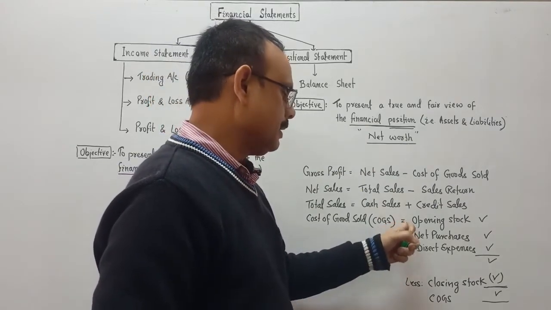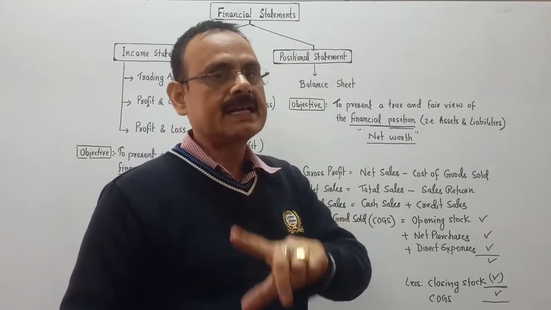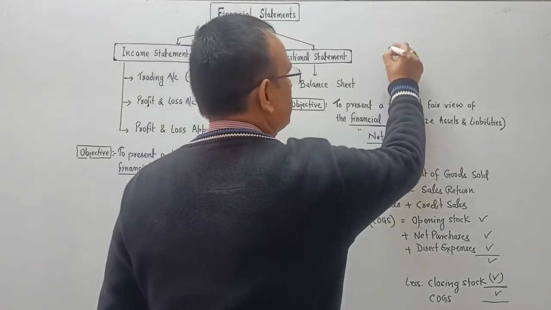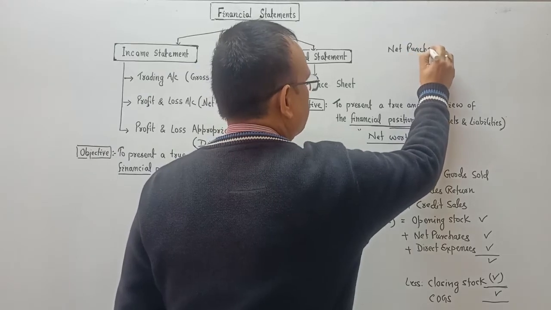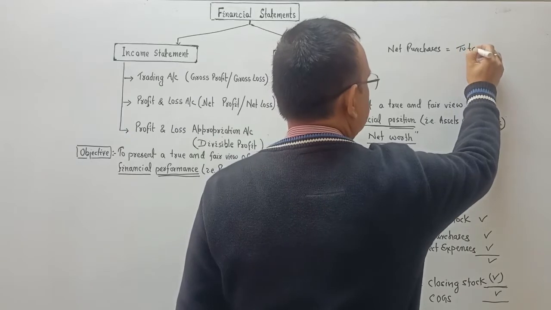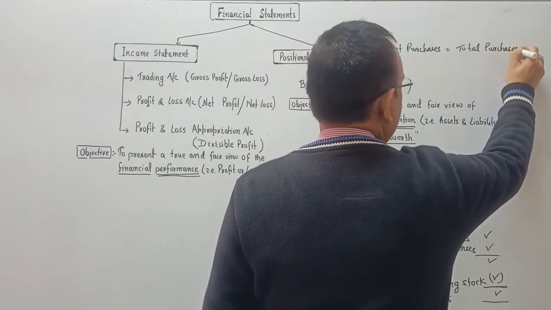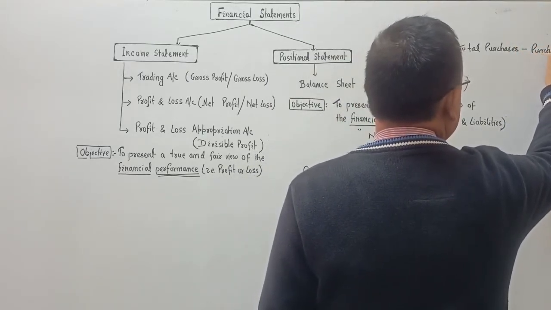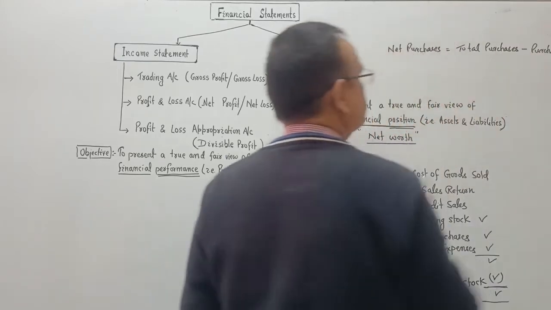So opening stock plus net purchase. Net purchase means total purchase minus purchase return. What is net purchase? Net purchase is equal to total purchase minus purchase return.